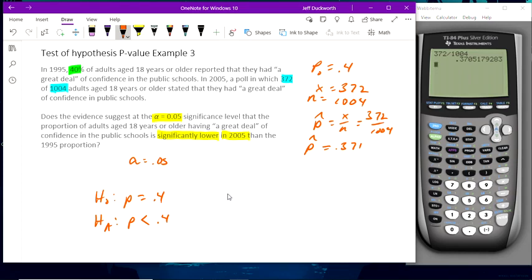Okay, so we're going to use the p-value method here. We have a large enough sample size, so we can find n times p hat, which is just x, and that's 372. That's certainly at least 15. And our q is going to be even larger than that. So we should be good as far as large sample for proportion.